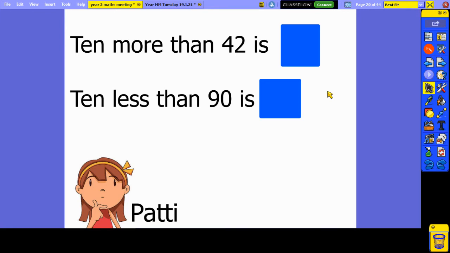Patty and her patterns. What is 10 more than 42? Pause the video, write it down. My number's going to increase, and I'm only adding tens, so my tens will change and my ones won't. 10 more than 42 is 52.